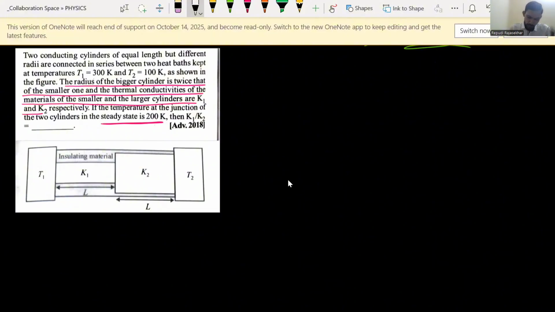I just redraw the diagram in a simple way here. This is the first rod given, having less area of cross section. And this is the second rod, area of cross section is more as per the question.